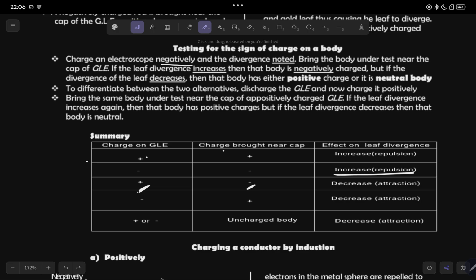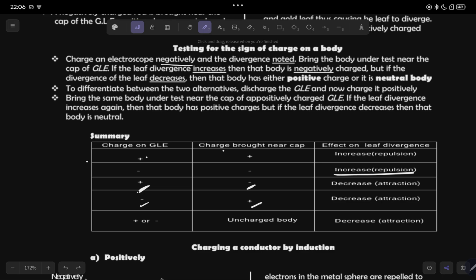When they leave, the gold leaf will have a lesser charge, the repulsive force will reduce, and we see a reduction in divergence. The same thing happens when we bring a positive body near a negative electroscope, or a negative body near a positive electroscope. What happens if we bring a neutral body?